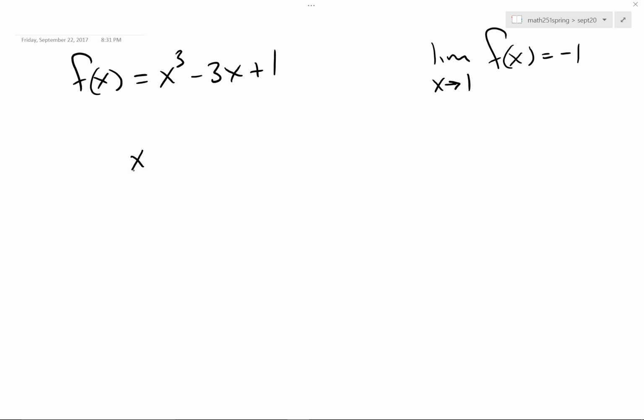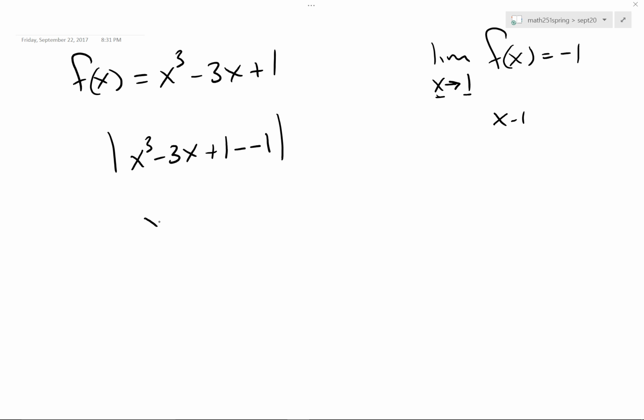So it's going to be x cubed minus 3x plus 1 minus a minus 1, always because it's minus, and then because that's negative 1, over x minus 1, because again, the difference from x to 1 is x minus 1. Oops, I'm sorry, I don't mean to divide out by that. I'm sorry, I was thinking of something else. Don't divide out by that, just keep that in your pocket for a minute, okay?